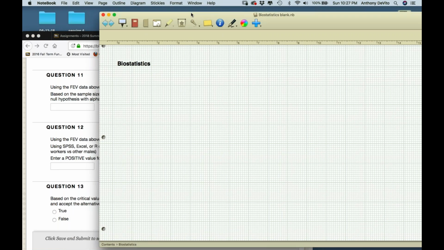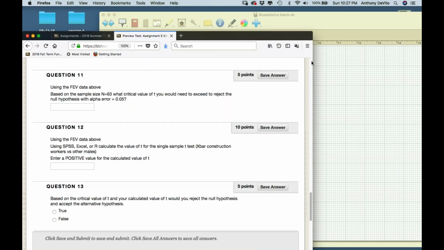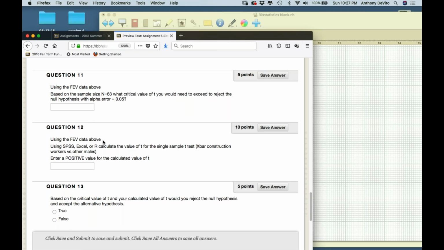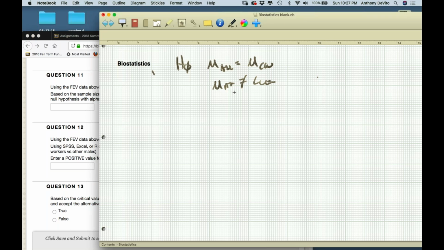Okay, so my null and alternative hypotheses, if I choose to do that again: H null, mu for all males equal to mu for construction workers, or mu for all is not equal to mu for construction workers. So for all males, we know that it's 3.0.